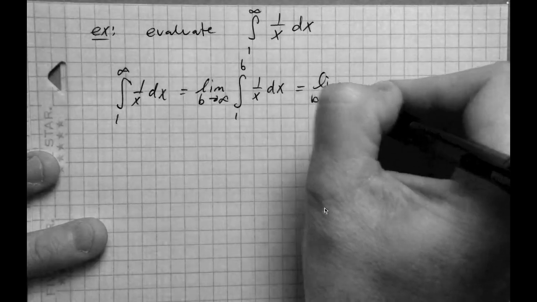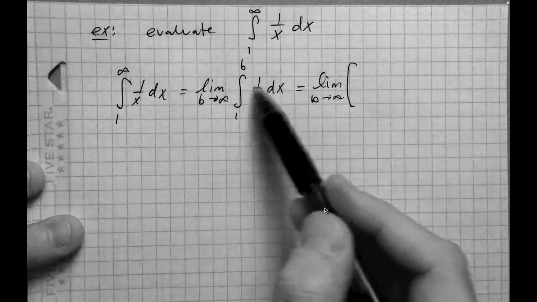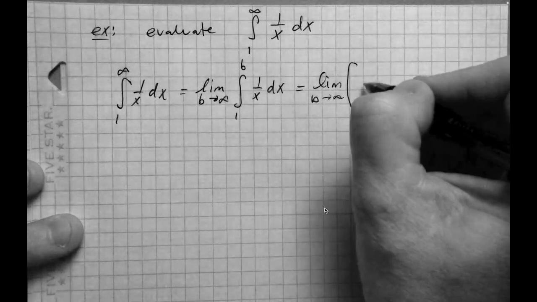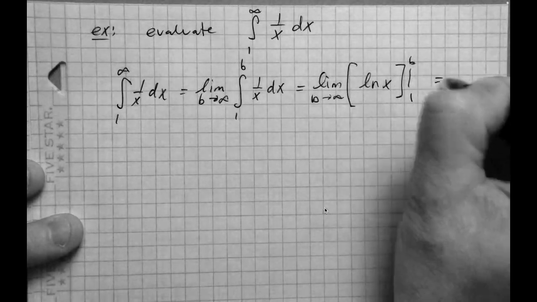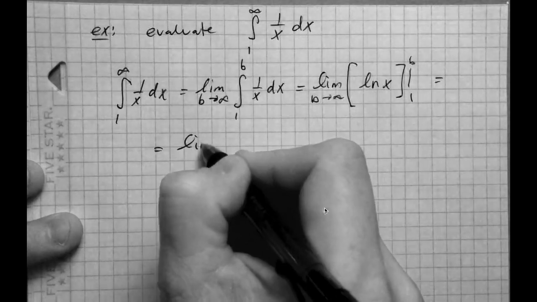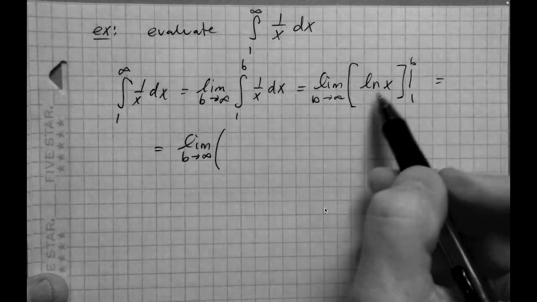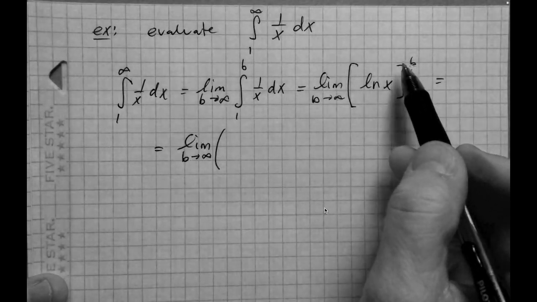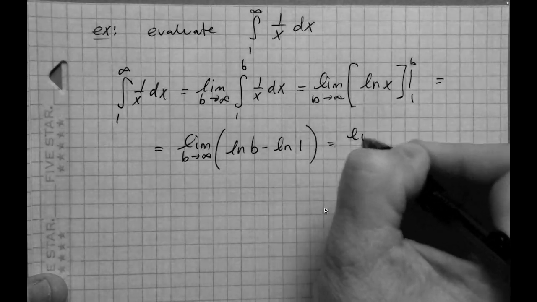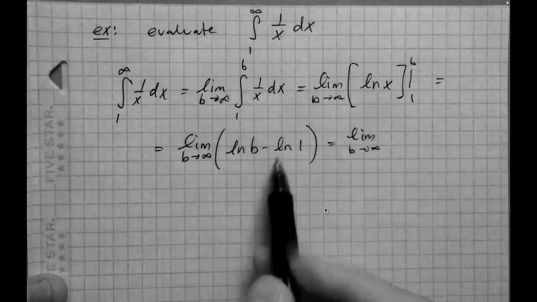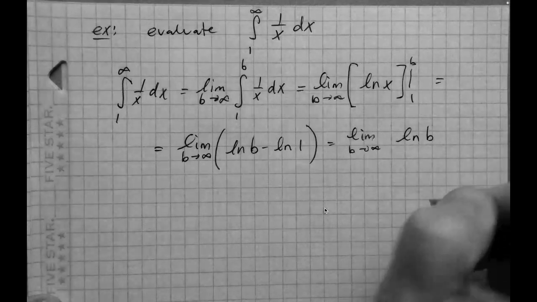And what is the integral of 1 over x? Well, that's the natural log of x, isn't it? Natural log of x from 1 up to b. So we have the limit as b goes to infinity of natural log of b minus natural log of 1. And the natural log of 1 is just 0, so this is the limit as b goes to infinity of the natural log of b.